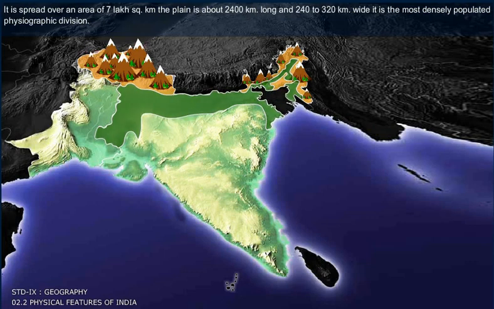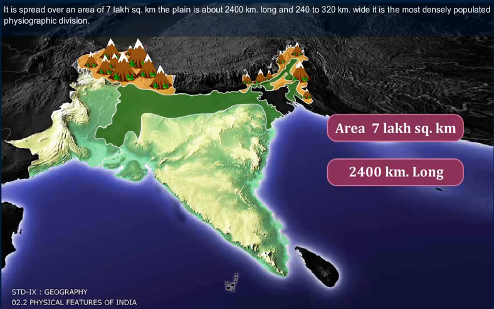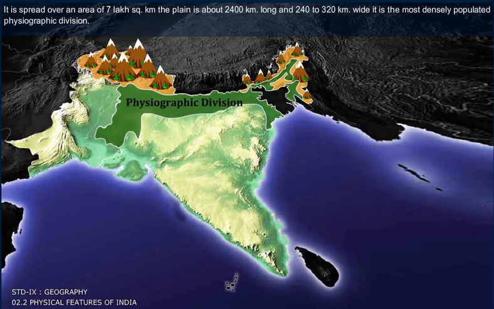It is spread over an area of 7 lakh square kilometers. The plain is about 2,400 kilometers long and 240 to 320 kilometers wide. It is the most densely populated physiographic division.